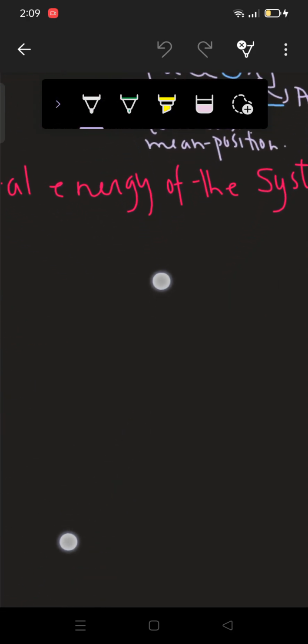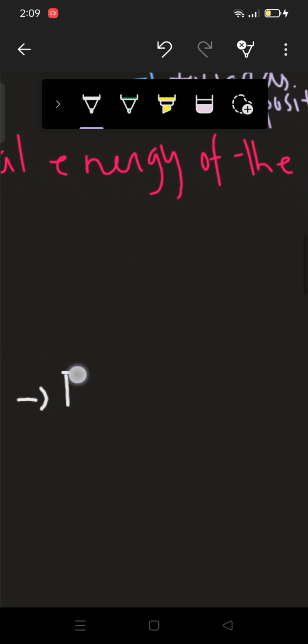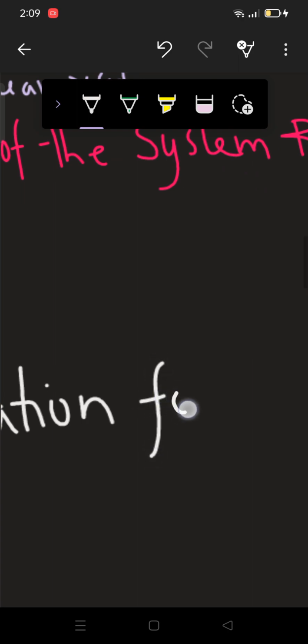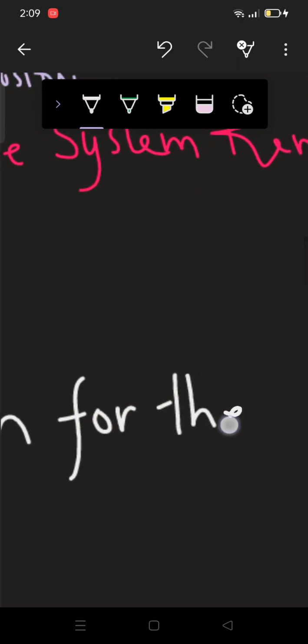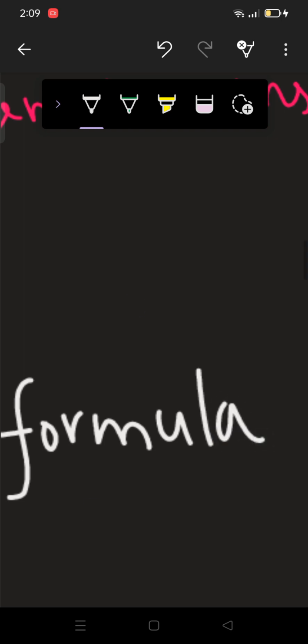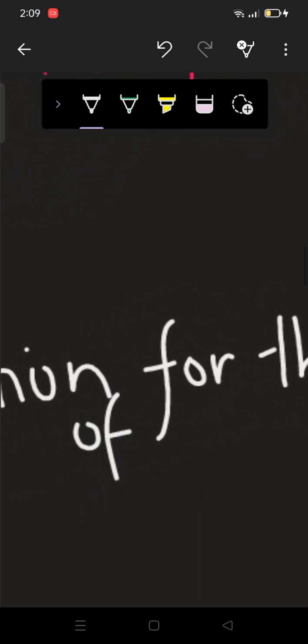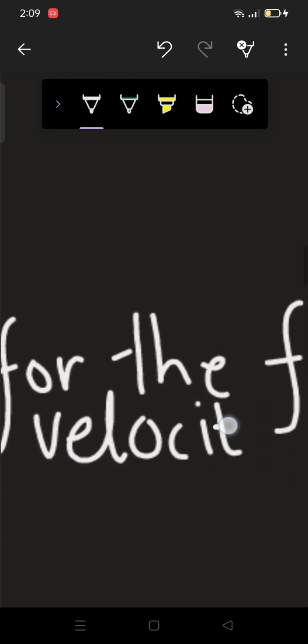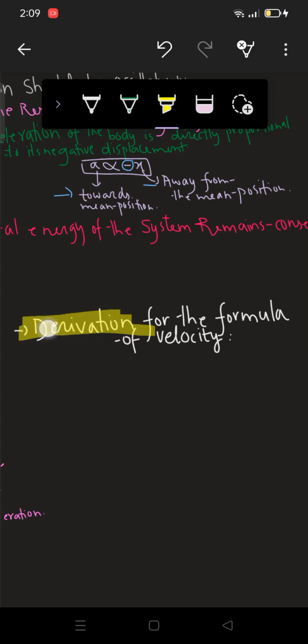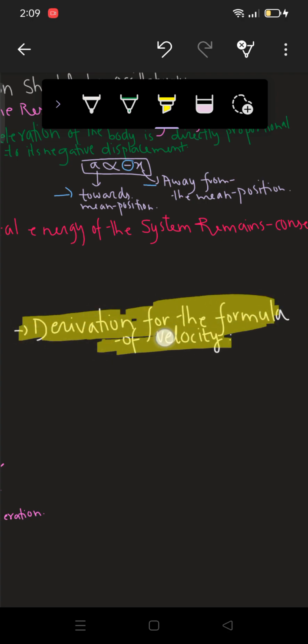So today we are going to do the derivation for the formula of velocity, for finding the velocity of the projection of a particle.